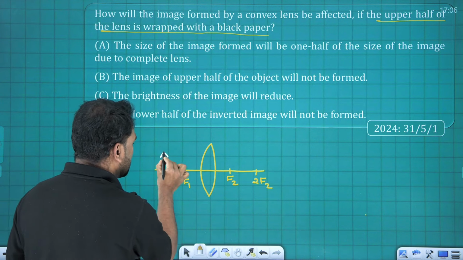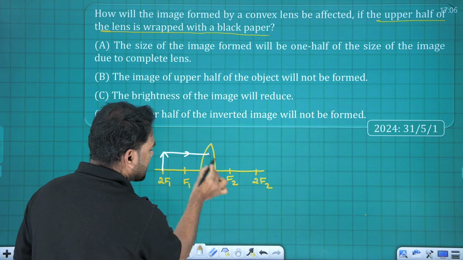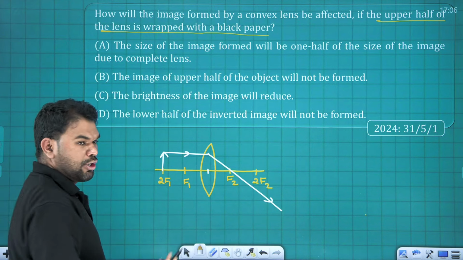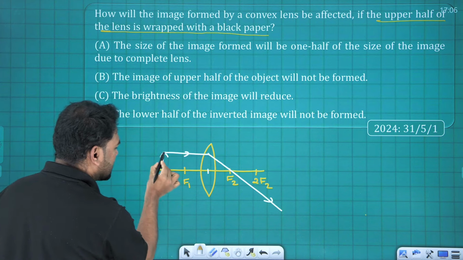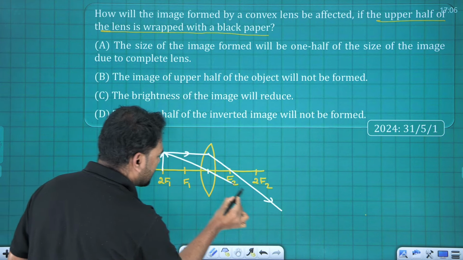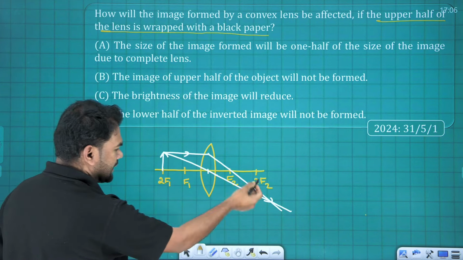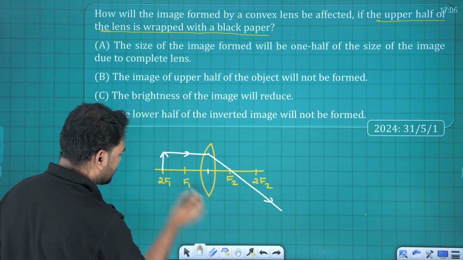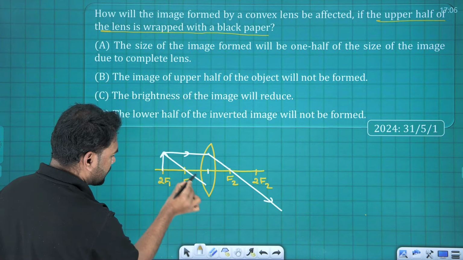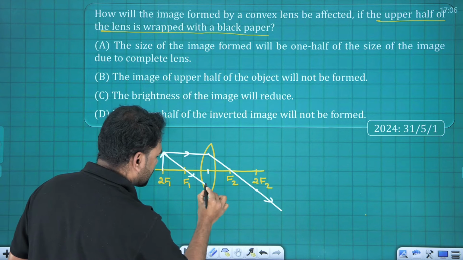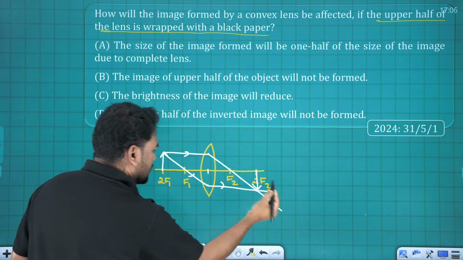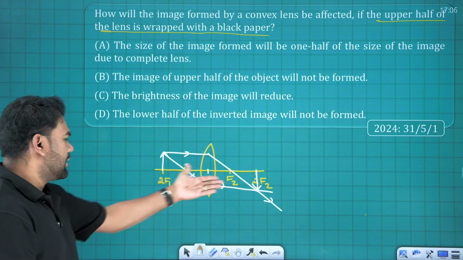You know that a ray coming parallel to the principal axis, after refraction, passes through the focus, and you can consider any of the other rules. A ray passing through the optic center goes straight without any deviation. You can see that the image will be formed at a focus. So we will get a real, inverted, same size image at the focus.